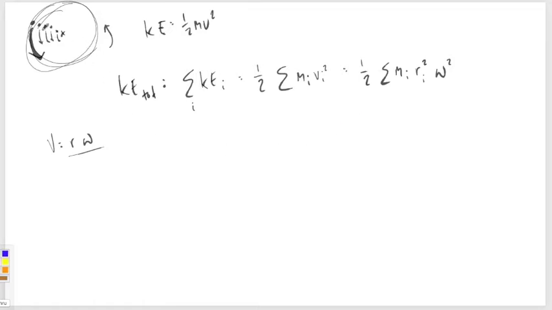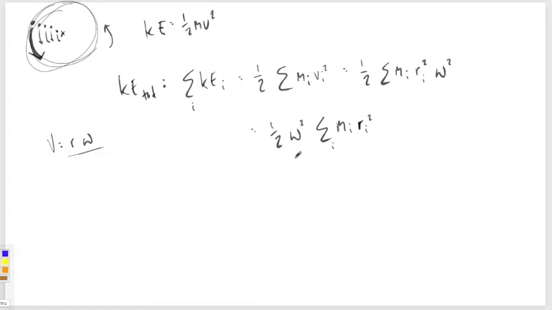They all have the same omega because remember that they're all sweeping out the same angle in the same time interval. So I can pull that out as a constant. And I'm going to get 1/2 omega squared times the sum of m_i r_i squared, where this m_i is the mass of each little piece, and r_i squared is the square of the distance from each little piece to the axis of rotation.